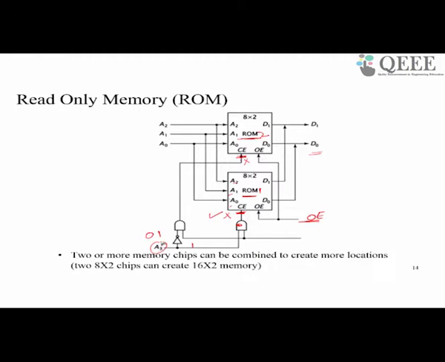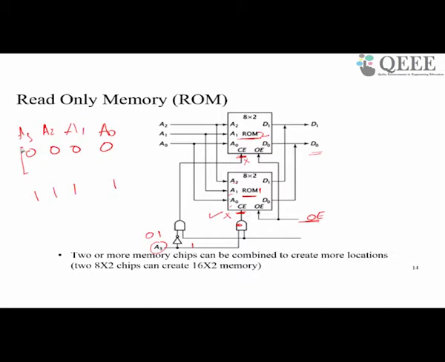So A3 basically works as a higher order address line. That is why we have called it A3. So together A0, A1, A2, A3 have 16 possible values, and 16 different locations are being selected.